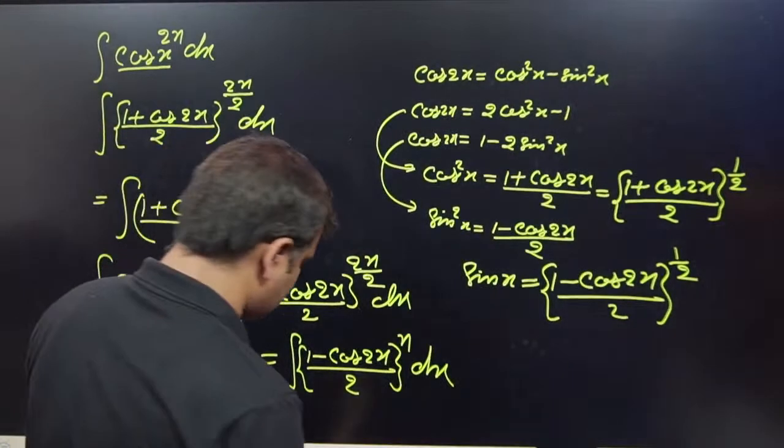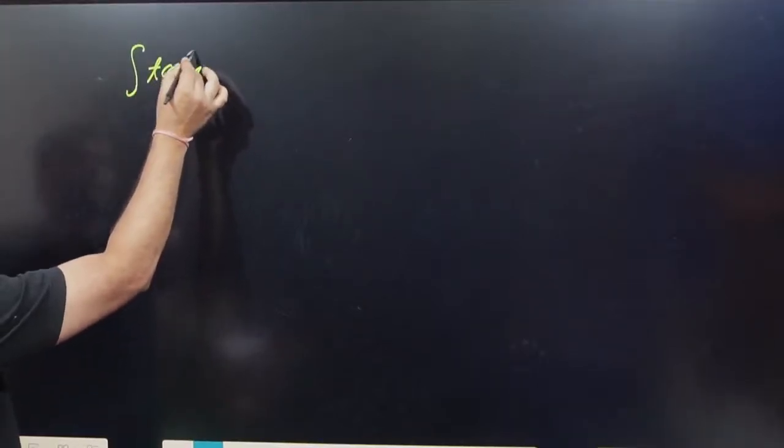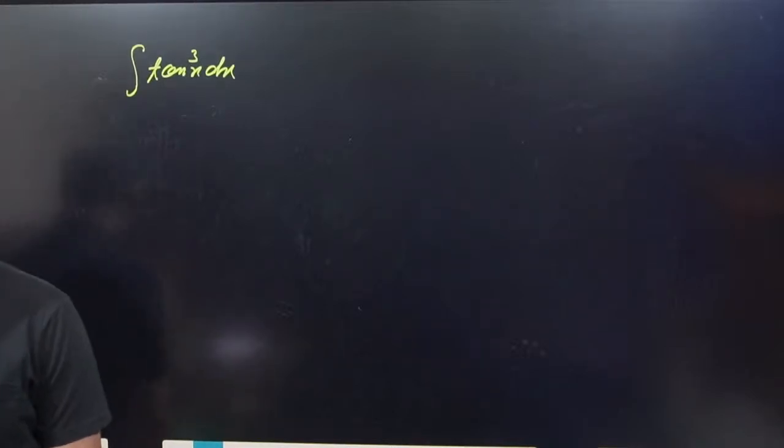I hope that is clear. So now we focus on tan x and cot x based problems. Okay. Look here. Suppose that tan x to whole power cube dx is given, or cot x to whole power cube is given.